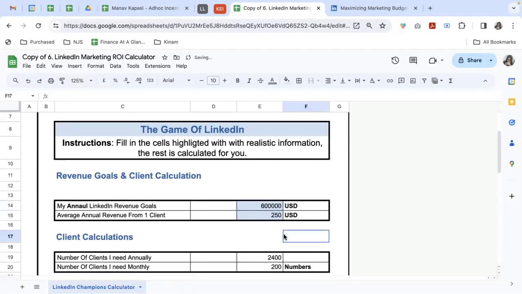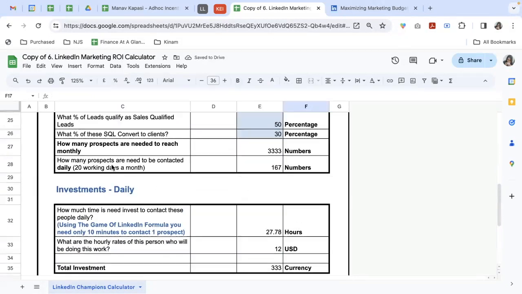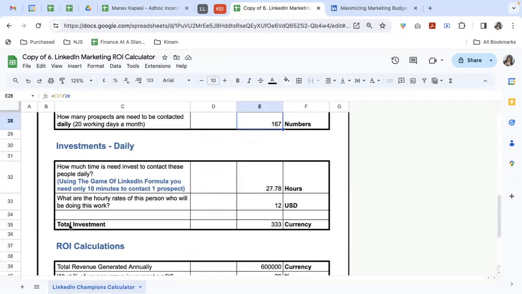So the number of prospects that need to be contacted has increased, and the total investment has increased, because the number of hours has increased. Now no one can work for these many hours a day, 27 hours. So we identify how many resources we are going to need. So based on this, you can also plan your resources. All right. So just going back to the old numbers.